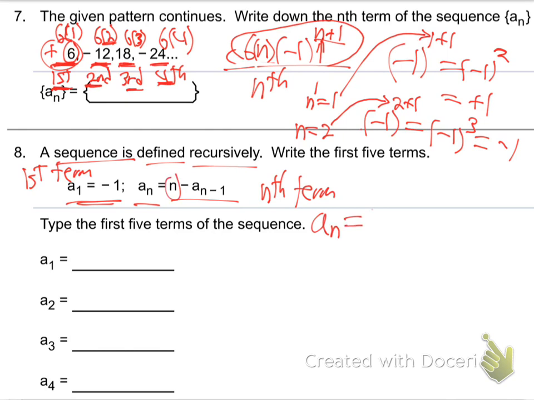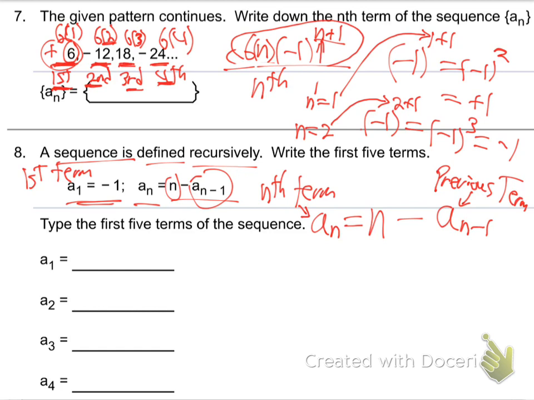And a sub n minus 1 is the previous term. Why am I calling that the previous term? Because it's n minus 1, which is 1 back, 1 less than n. It's 1 before. So we have the nth term, and then we have 1 right before it.